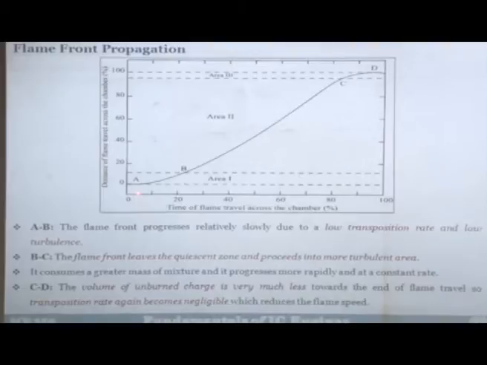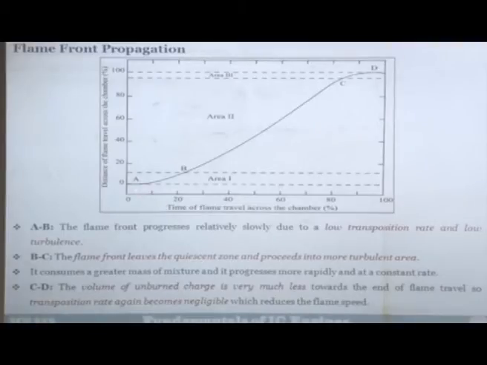So, if we put the time of the flame travel across the chamber on the x axis and the distance of flame travel across the chamber on the y axis, this is the curve that we get. It is an S shaped curve. So, what does it show? First is area 1. What was area 1? Ignition delay period.